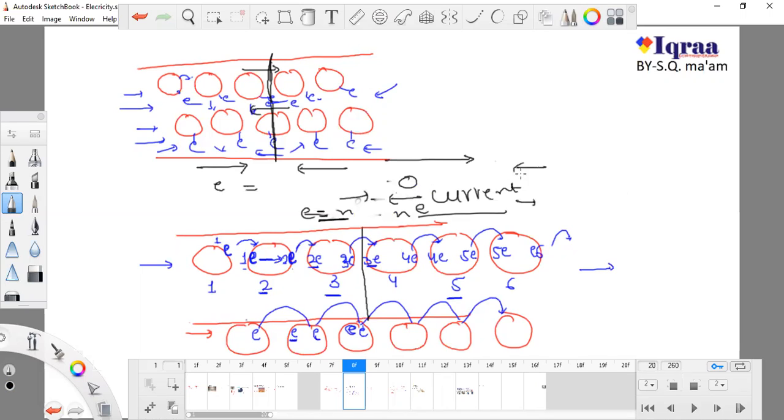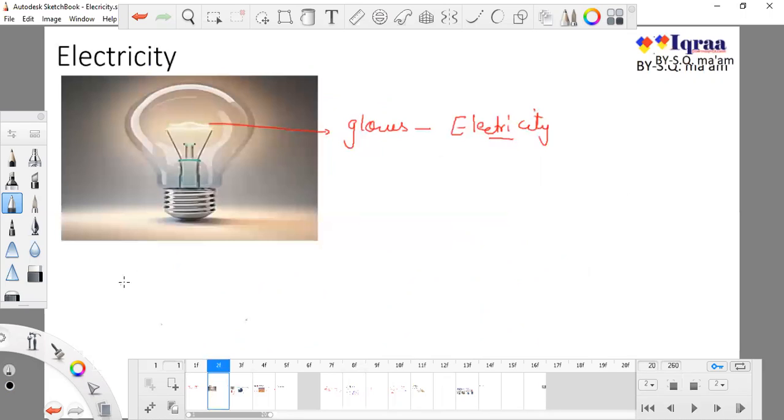And electrons which are moving from here to here are zero, but from here to here there is definitely a path, and they will form a current. That's why electricity is also known as electric current or current of electrons. Okay, so this was our electricity.